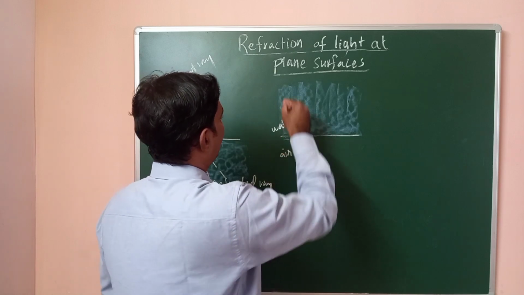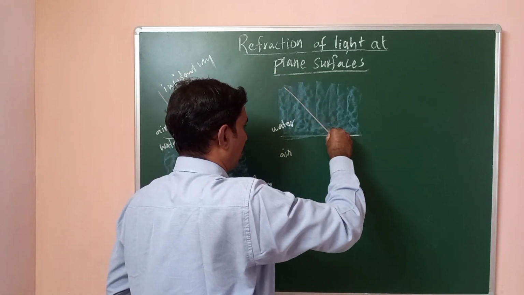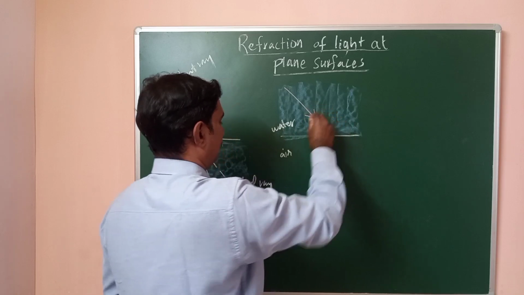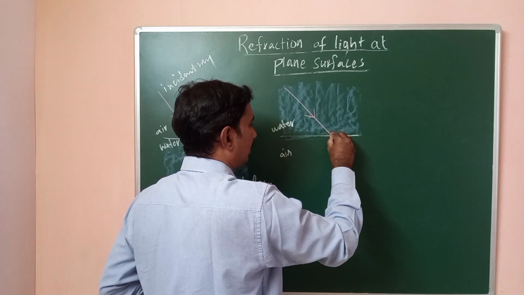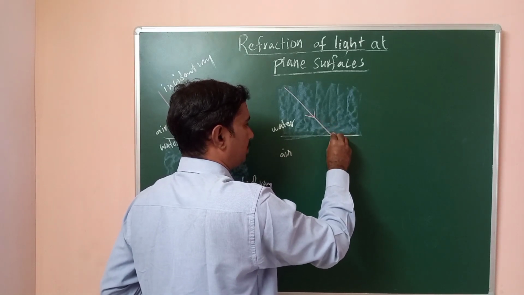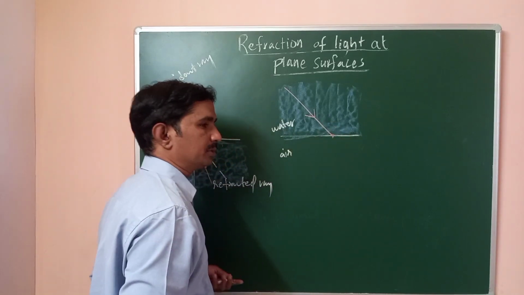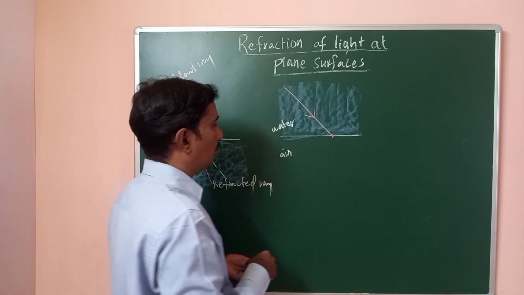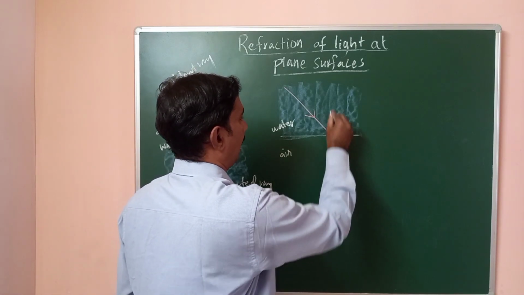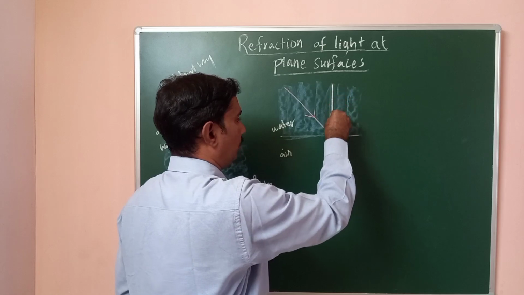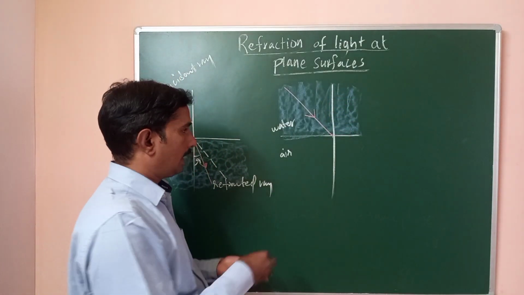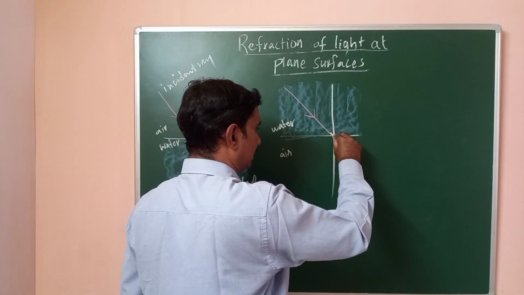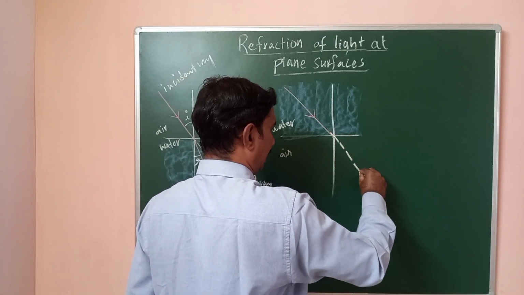When a ray of light travels in water and reaches this point, which separates the two mediums, that point is called the point of incidence, and we have to draw a normal, a perpendicular line through the surface of the water. Actually, this ray is supposed to go like this, in these dotted lines.